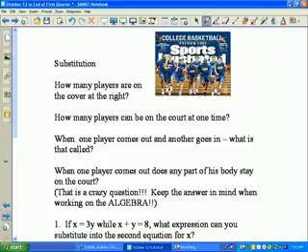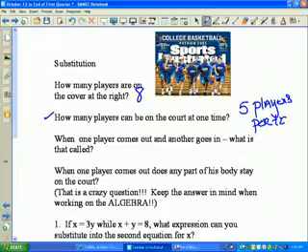If you notice, there's basically 1, 2, 3, 4, 5, 6, 7, 8 players altogether. Okay? But in the game of basketball, how many players can be on the court at one time? So there can be 5 players per team. Okay, so each team can have 5 players on the court.